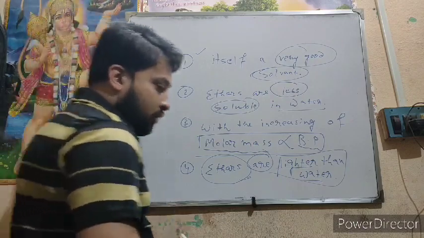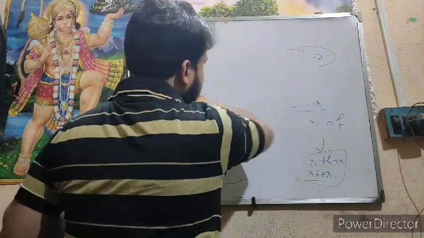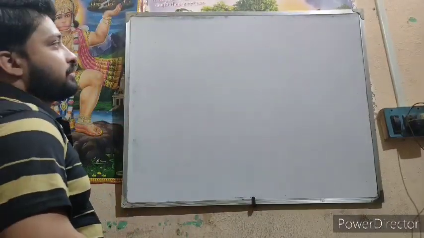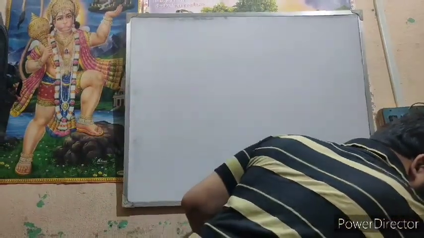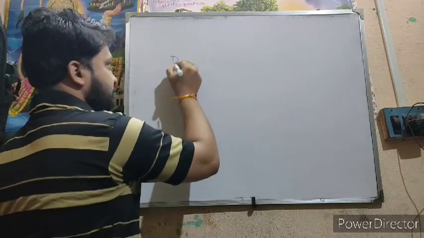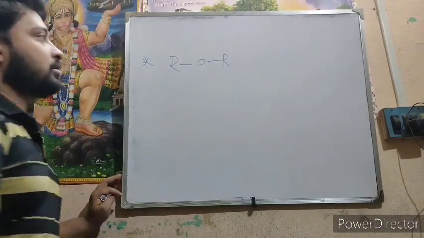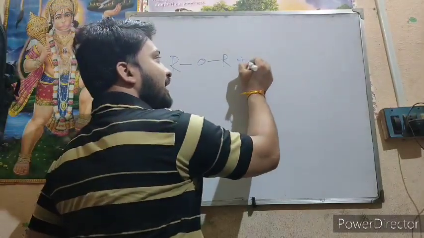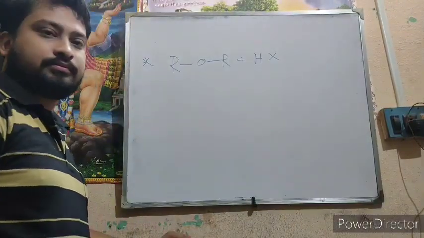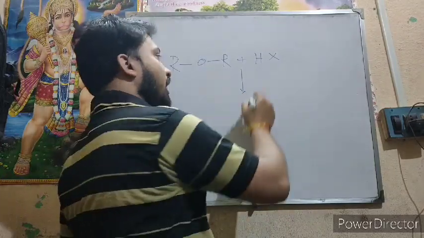Let's go with the chemical reactions of ether. What are the chemical reactions of ether? Next, you take ROR. First one, ROR with the help of HX, and you use heat, which means high temperature.